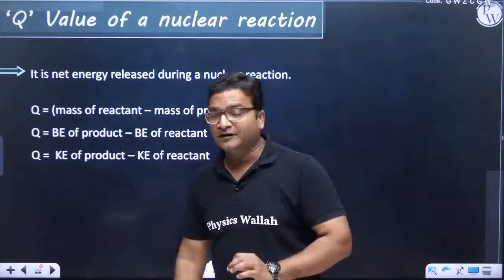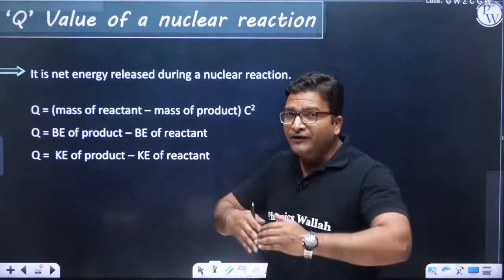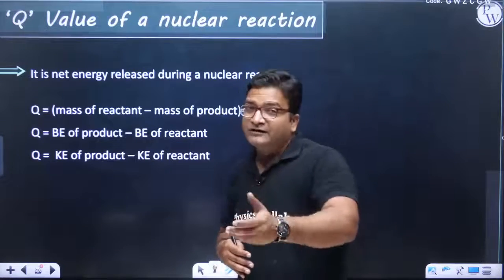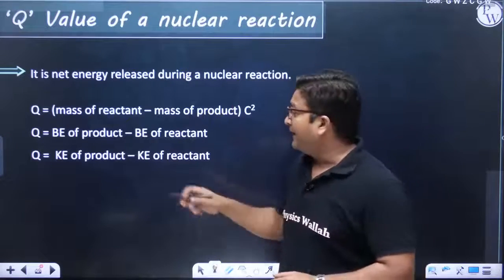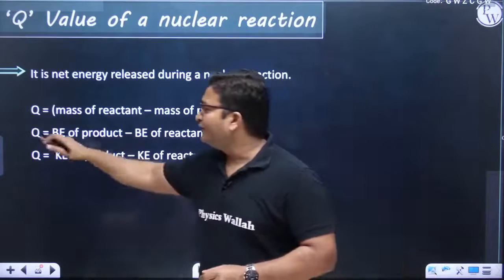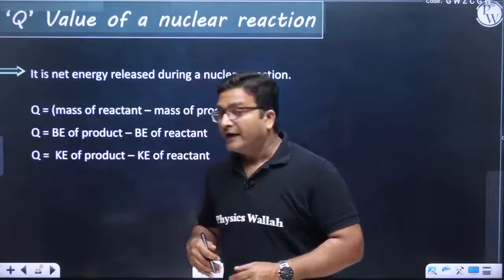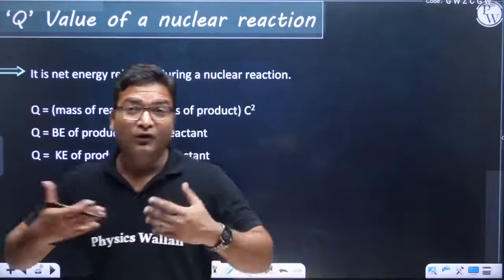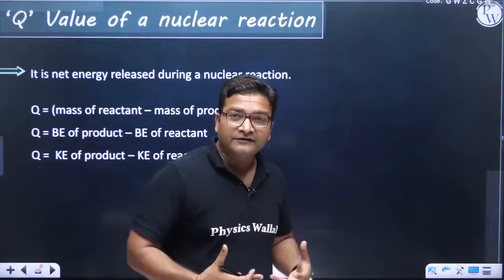That is the first formula. Then if we are not given the masses, but we are given the binding energy of all the elements, then binding energy of product minus binding energy of reactant is simply the Q value. And in terms of kinetic energy, obviously the kinetic energy of product is more, kinetic energy of reactant is less.